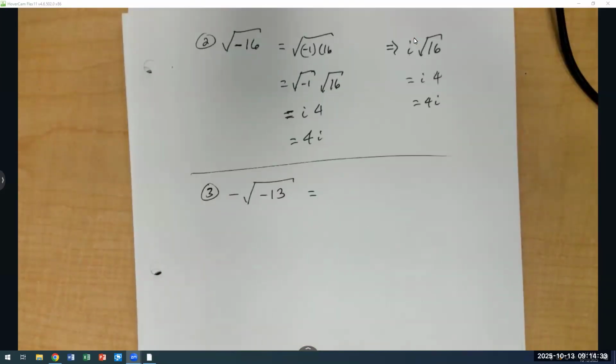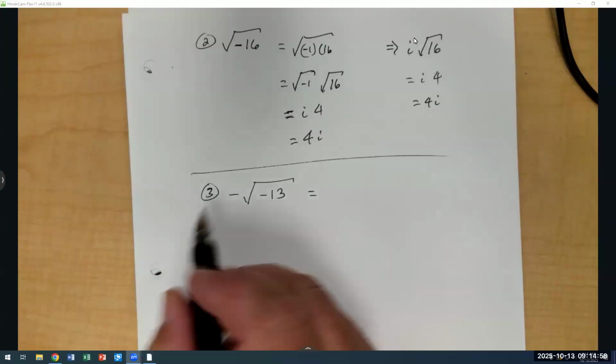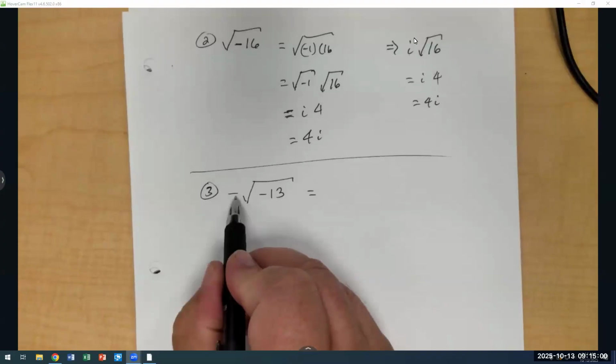So what's that one going to be? Can you do anything with this negative out in front?